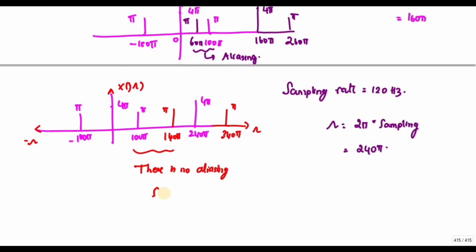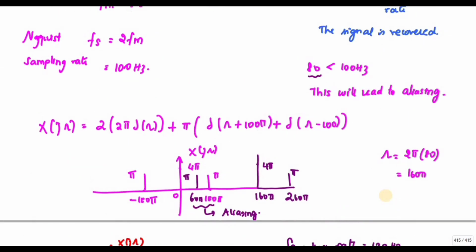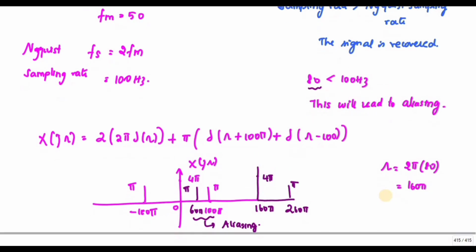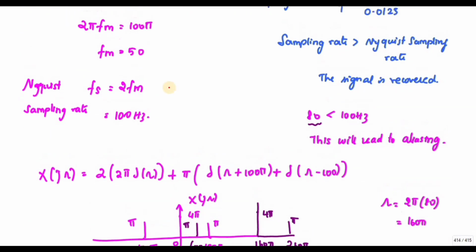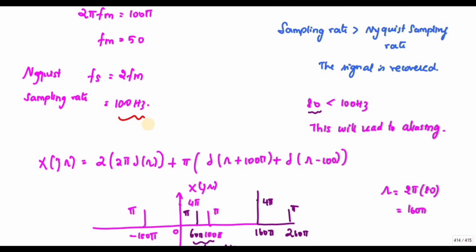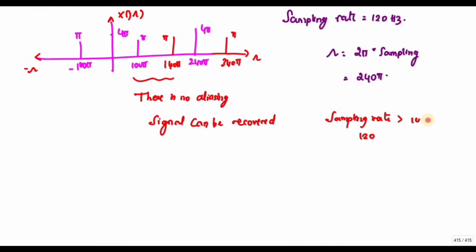If there is no aliasing, the signal can be recorded. The sampling rate here is 120 hertz, which is greater than the Nyquist sampling rate of my original signal, 100 hertz, right? So if this is the case, my signal can be recorded easily.